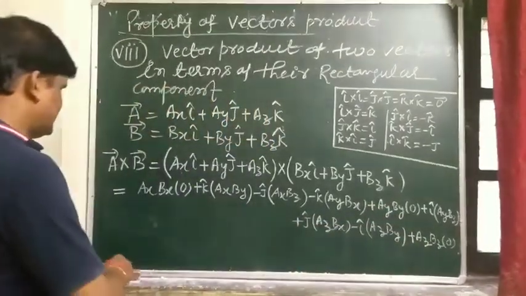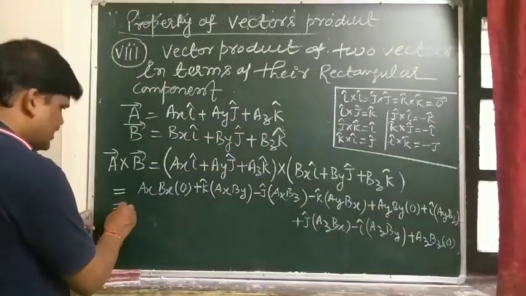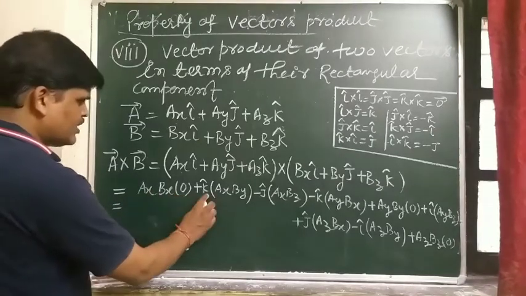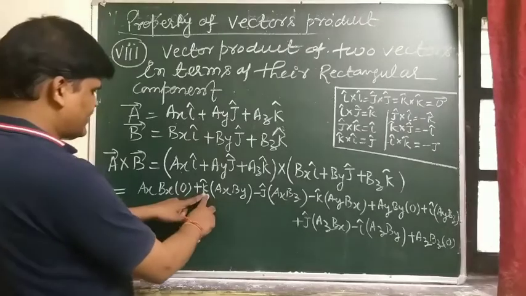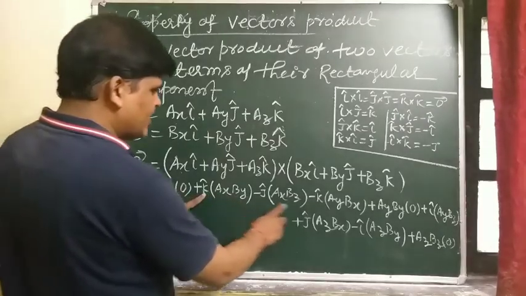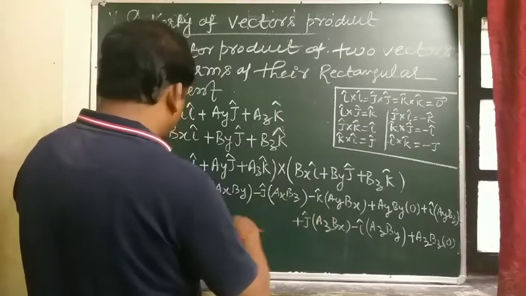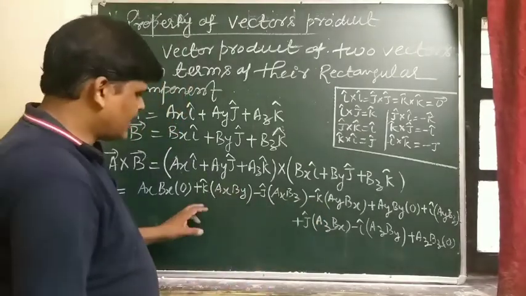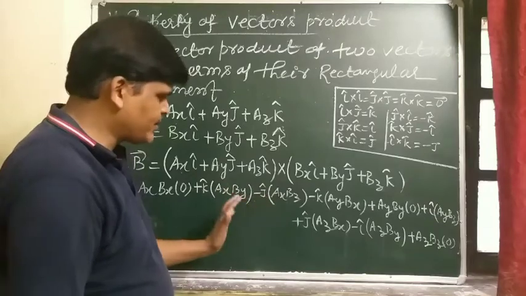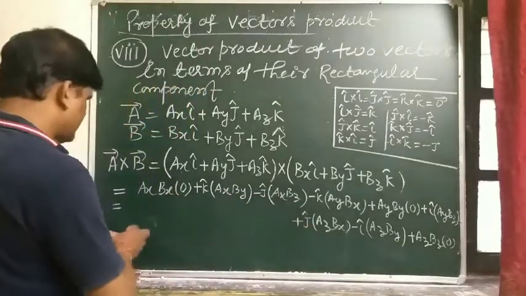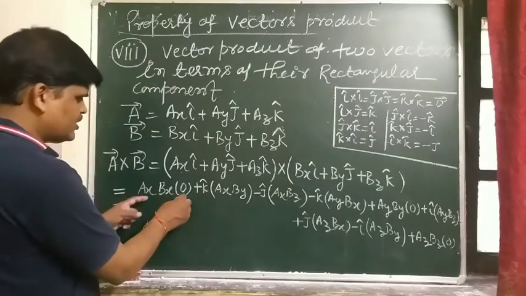So only we write the unit vector terms: Ax By with k. Taking first all i cap, j cap and k cap as separate terms, where i cap, this will be total 0.